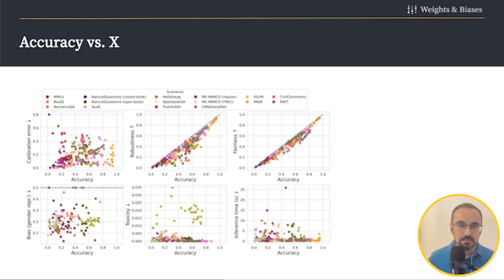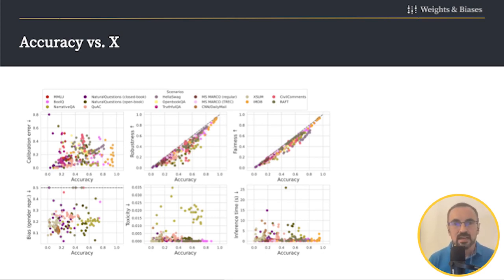You can see a pretty good correlation between accuracy and robustness, and accuracy and fairness. But on the other hand, there's little correlation with calibration error. It seems like the relationship between accuracy and bias or toxicity or inference time is rather uncorrelated. So that's something to keep in mind as you make different trade-offs in terms of metrics that are relevant in your application.